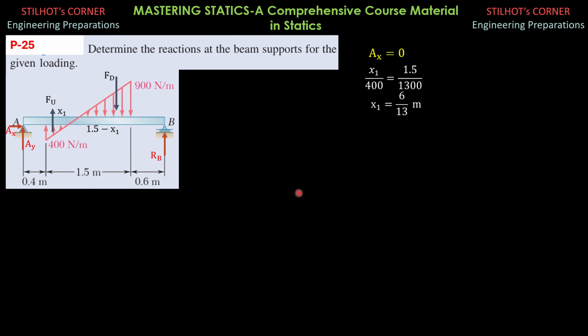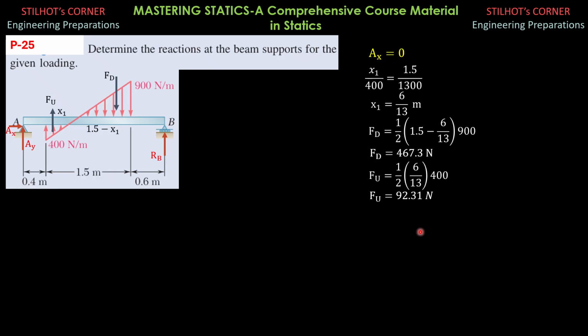So FD is 1/2 of 1.5 minus x1 times 900. So FD is equal to 467.3 newtons. F upper is 1/2 of x1 times 400. So FU is equal to 92.31 newtons.